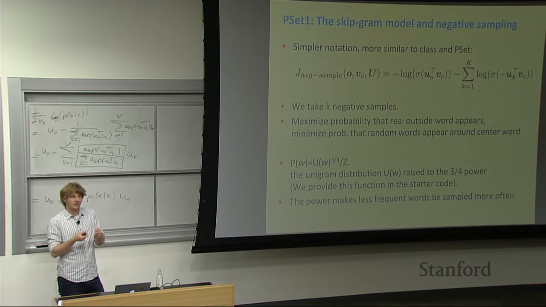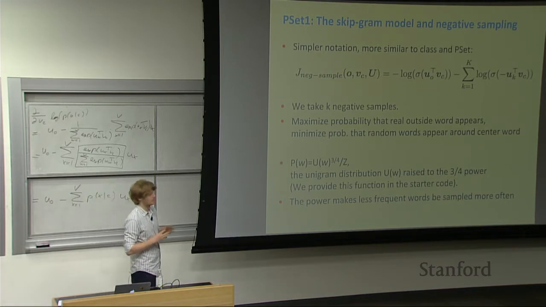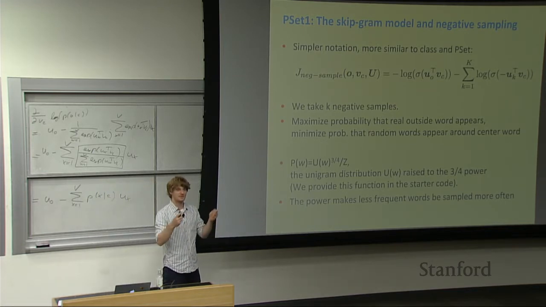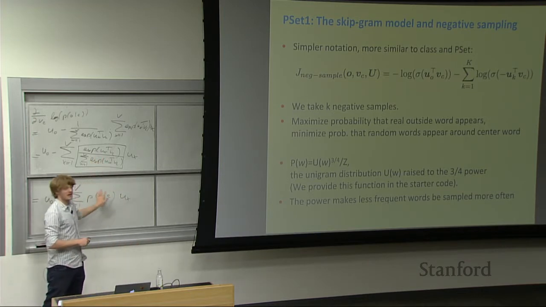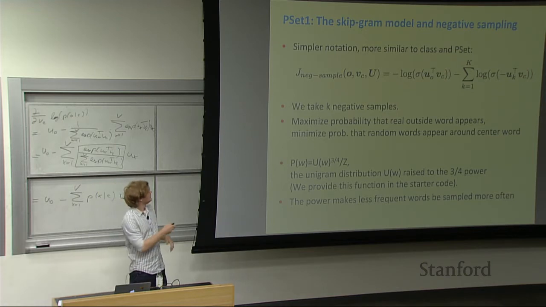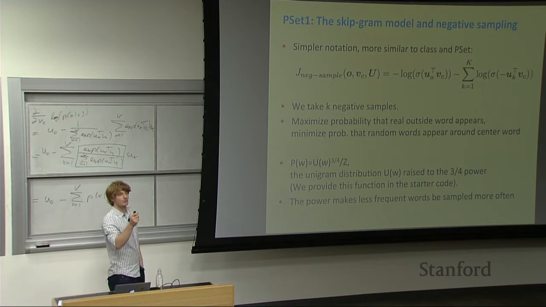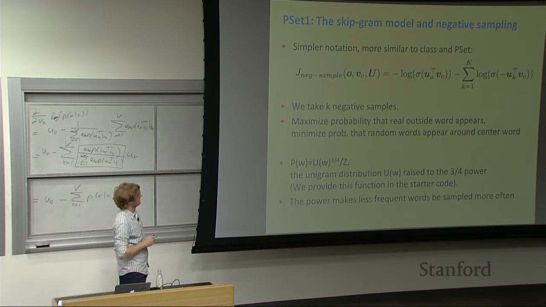Each update step is probably not quite as accurate, but you can make a lot more of them, and on that trade-off, this works out to be much, much more accurate. So instead of saying, I want to minimize all the probabilities for an entire vocabulary, you just take 5 or 10 examples, and you make sure that this word really appears in that context, and these 5 or 10 others don't. That's intuitively what the final thing is capturing.